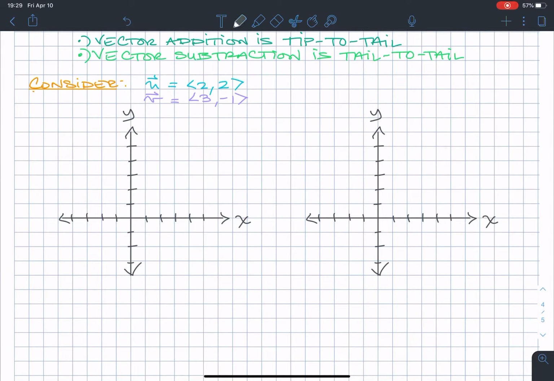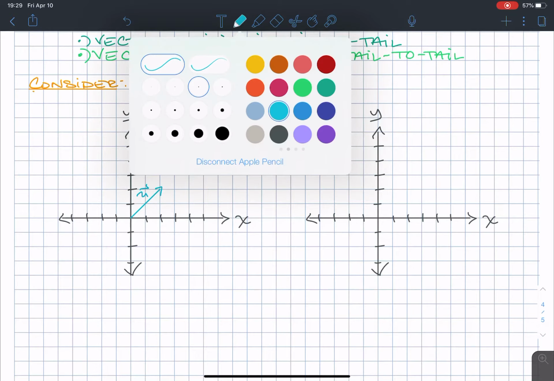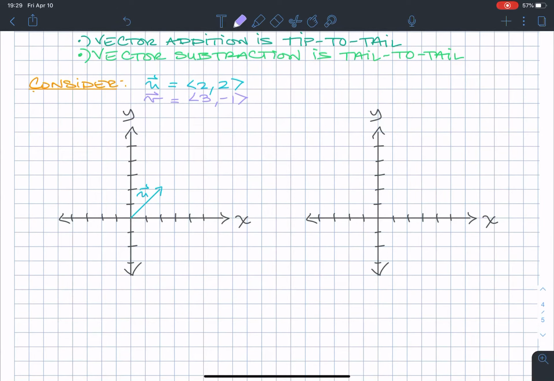Okay, so I'm going to plot u, which is 2, 2. So here's u, and v, which is 3, -1. Then I'm going to complete the parallelogram.